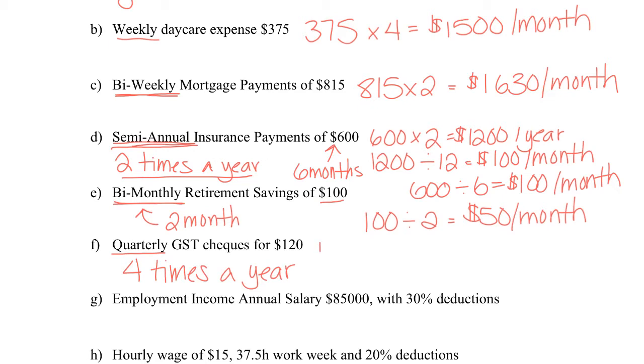We could do the $120 times 4, that'll give us the annual amount, and then divide it by 12. Or we could recognize that this, being 4 times a year, covers 3 months. So I could just go ahead and take that $120, divide it by the 3 months that it covers, and that gives me $40 per month.